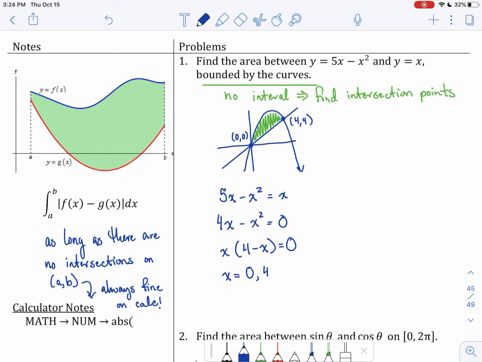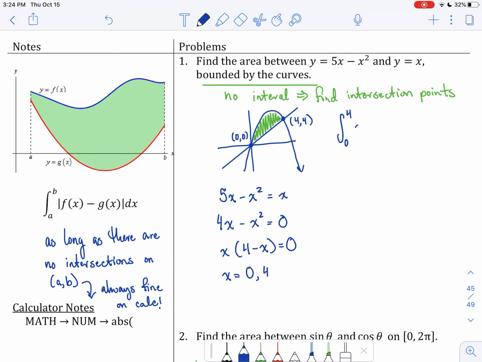And all we need are the x values, since we're going to write our integral from 0 to 4 in terms of x. In this case, we know that the quadratic is the upper bound. But what I'll show you is that if you just remember absolute value, you'll still get the correct answer.